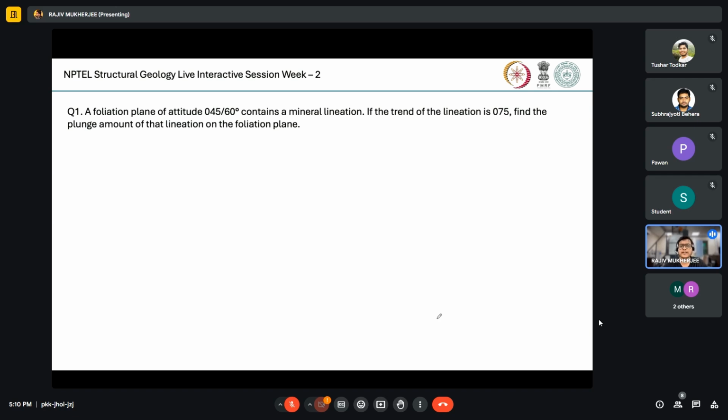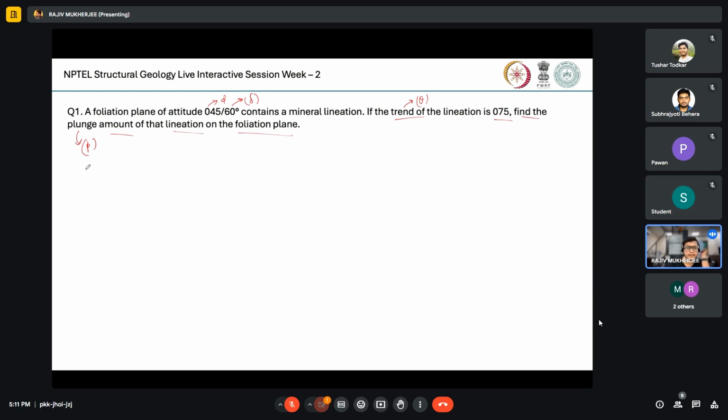We already find two pieces of information, that is, this is strike phi, this is delta dip, right? And if the trend of the lineation, that means we are talking about the angle theta, is 075, then find the plunge amount.